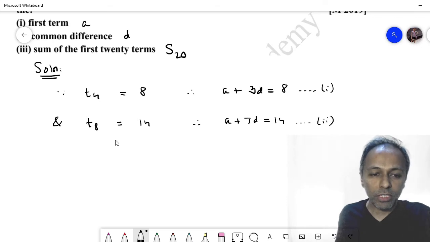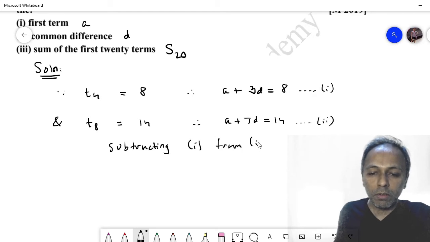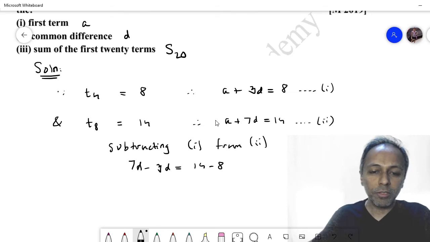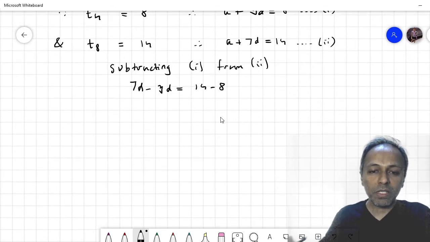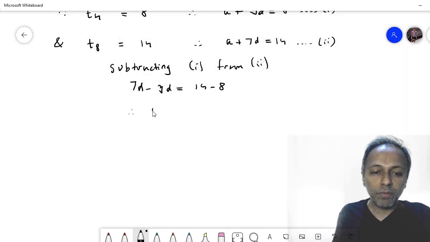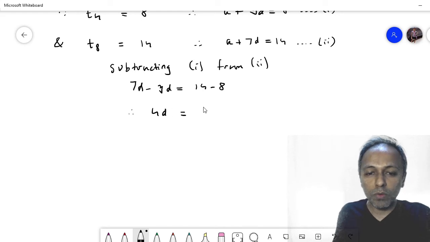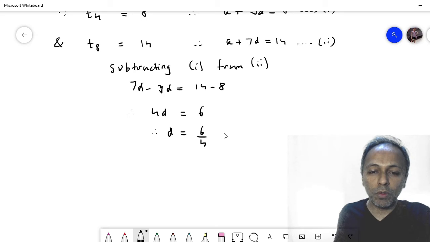We can do the subtraction part, subtracting 1 from 2. a will get subtracted. You will get 7d minus 3d is equal to 14 minus 8. Therefore 4d is equal to 6. Therefore d is equal to 6 upon 4, which is equal to 3 upon 2.